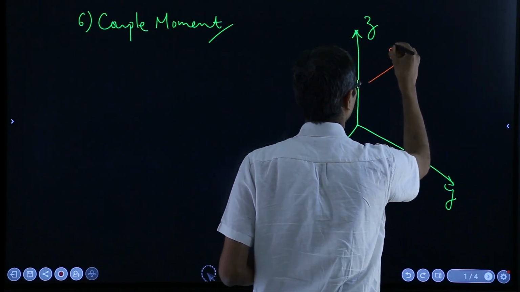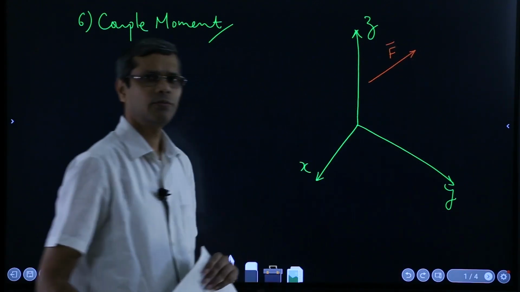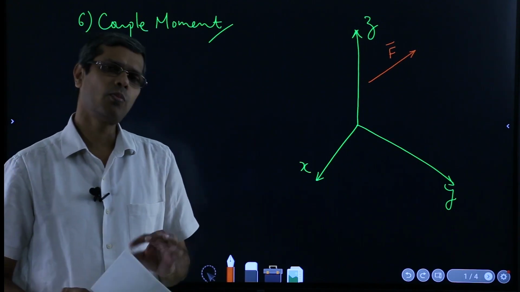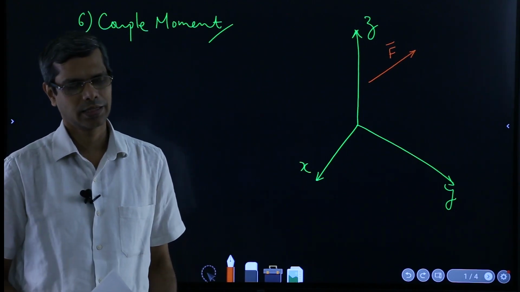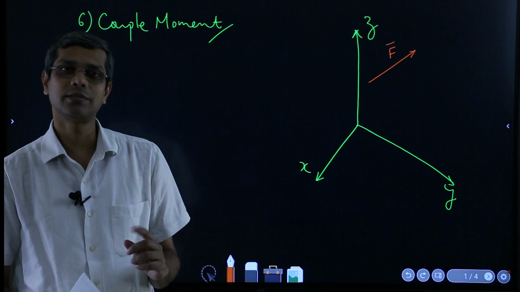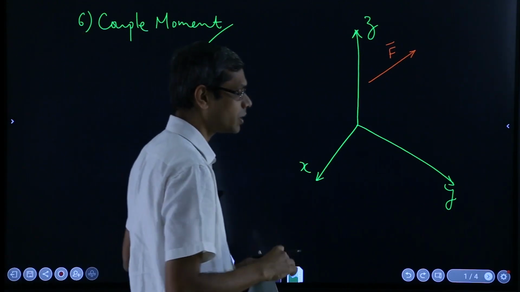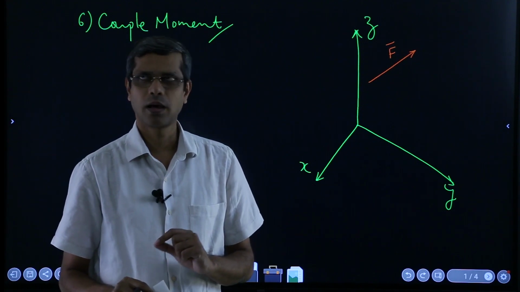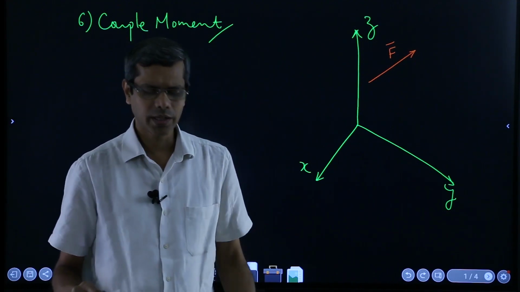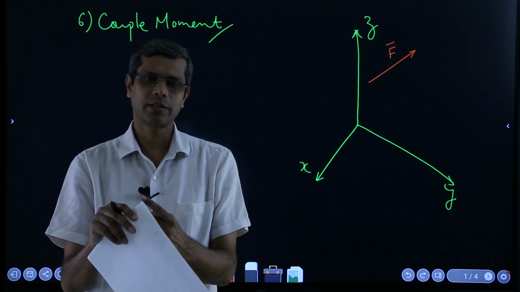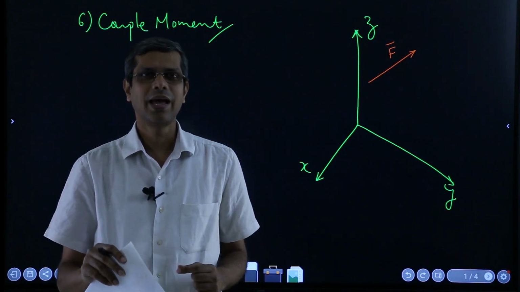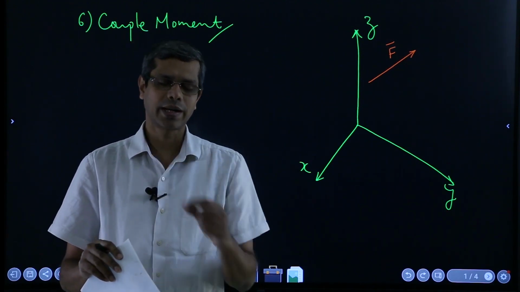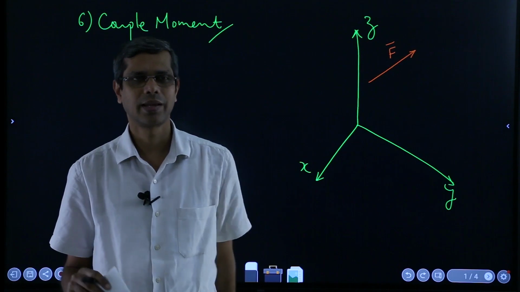So let me call this F. The other force is almost equal to this in the sense that only the sense is different. If you remember the distinction between the sense and orientation, orientation means the angle which the arrow makes with the axis, and sense is whether it is upward, rightward, downward, leftward.